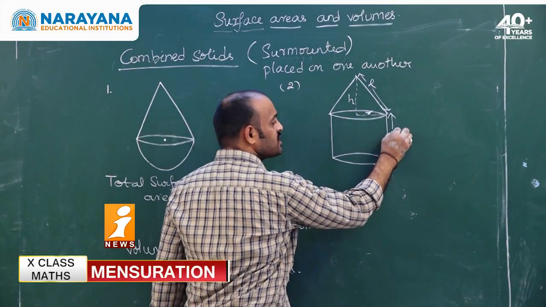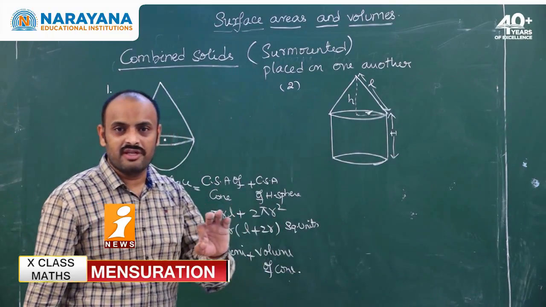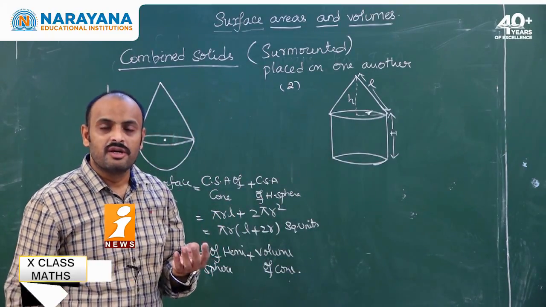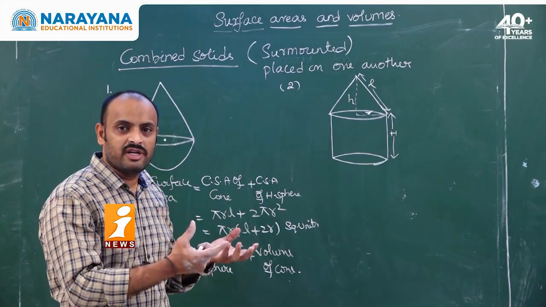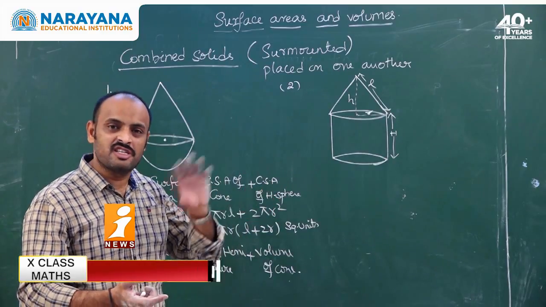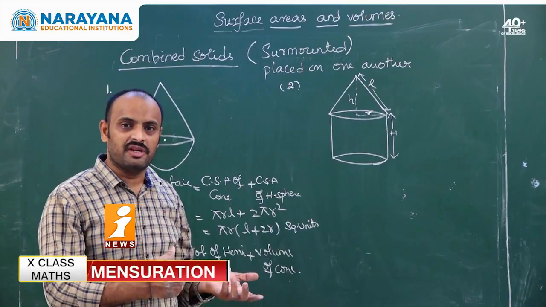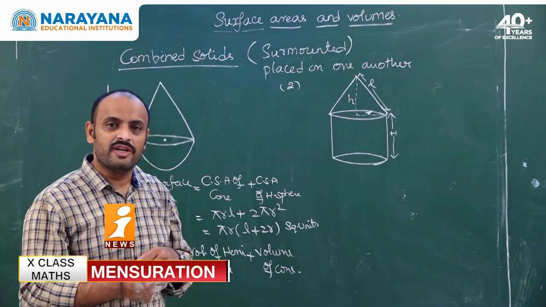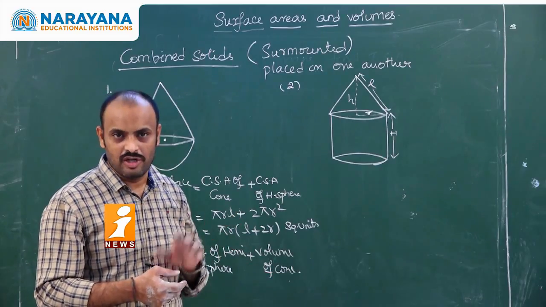This capital H is the height of the cylinder. Drawing the picture, identifying the dimensions, make sure that each and every dimension is in the same units. If all are in centimeters, everything should be in centimeters. If one is in meters and the other is in centimeters, either convert all into centimeters or all into meters. Then only you find out whether it is surface area or volume.